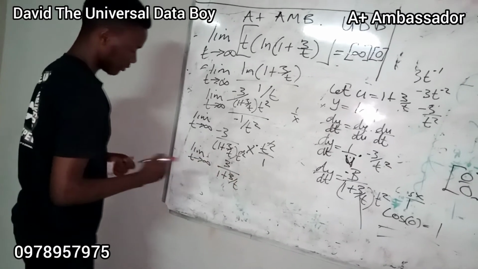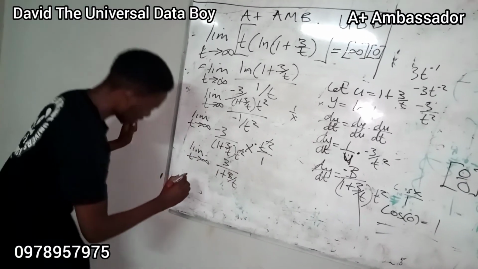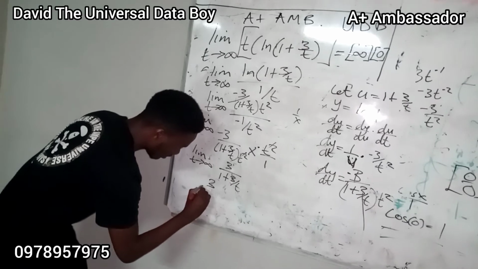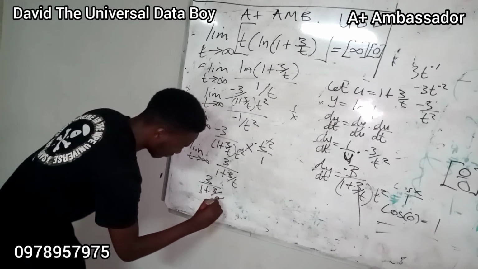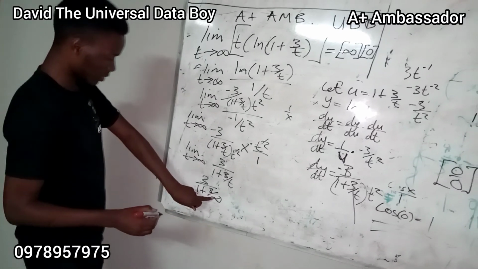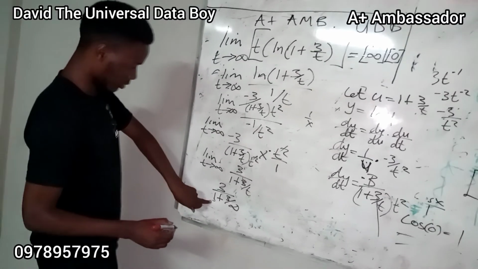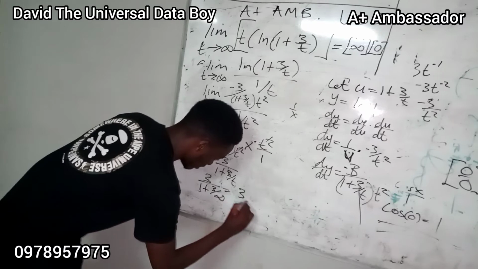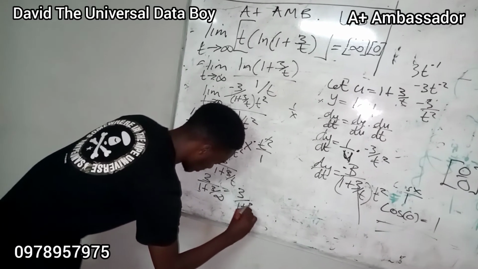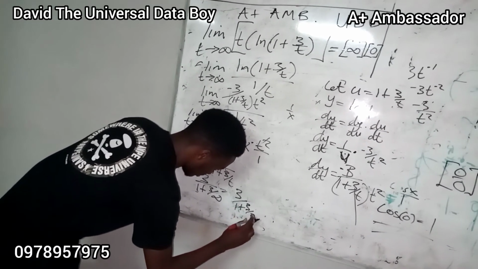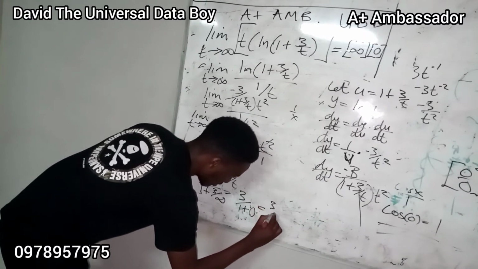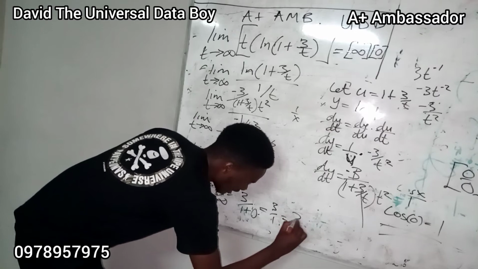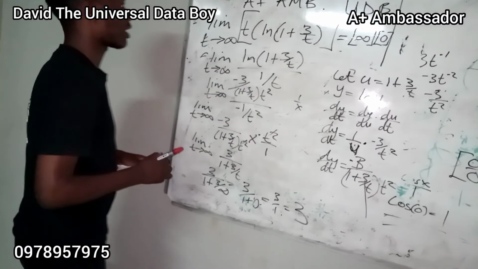So we have 3 over 1 plus 3 over infinity. This 3 over infinity is 0, so it's 3 over 1, and the final answer is 3. That's how we come up with all this.